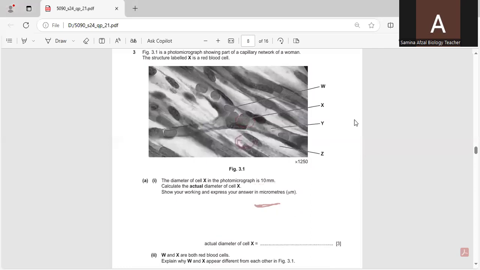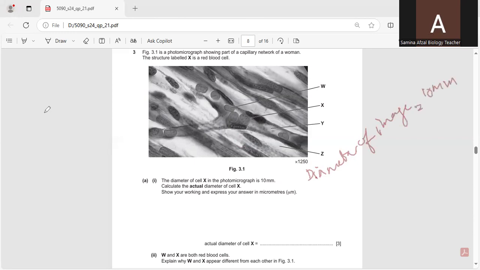So for this purpose, we are going to find out. First of all, we will write the given. The given is the diameter of the image, which is 10 millimeters.